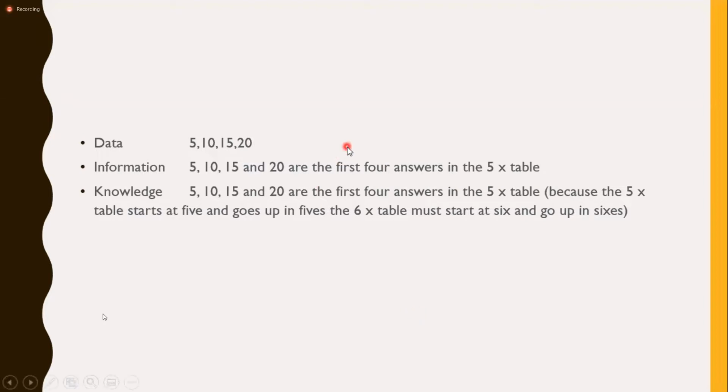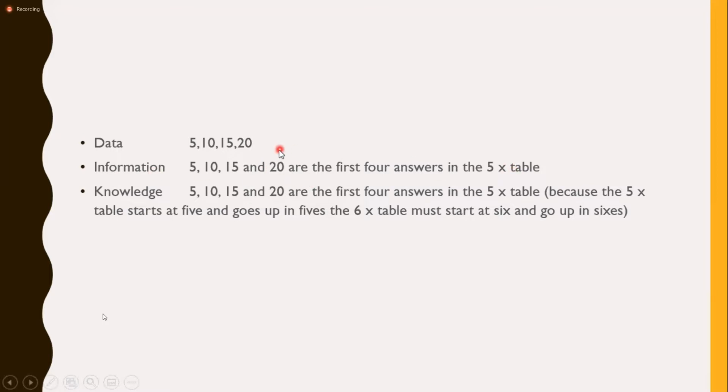So let me introduce data, information, and knowledge. Simply, you are given some numbers such as 5, 10, 15, 20: raw data. There is no context for this data. You're simply given 4 numbers, so this is treated as data. If you consider the second one, 5, 10, 15, and 20, the first 4 answers in the 5 table, this is information. Data along with context is information.